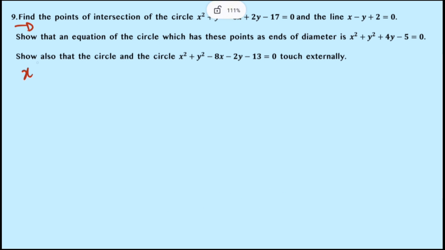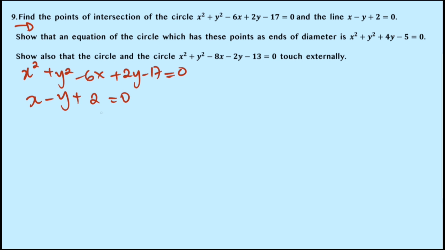So we have here x squared plus y squared minus 6x plus 2y minus 17 equal to 0. And then we have x minus y plus 2 equal to 0. These can be named as equations 1 and 2. I'm going to use the substitution method, so I'm going to make y the subject over here, and substitute it into equation number 1.